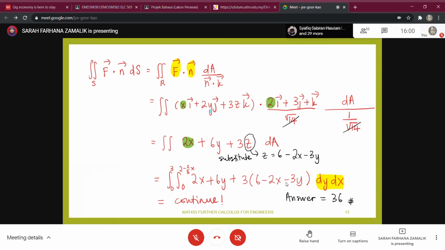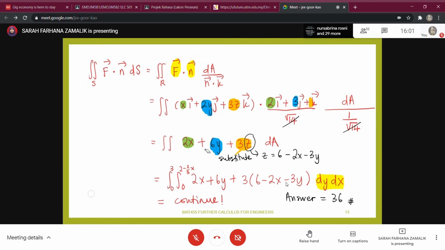Plus 2y multiply with 3, multiply komponen yang sama. Okay, this is for vector J. So 2y multiply with 3, you get 6y. Plus, so the last one you have here, 3z multiply with the component for your k here, which is 1. So that's why you have 3z.